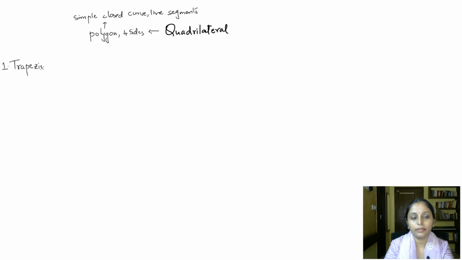The second one was kite. The third one was a parallelogram. And then we looked at special cases of parallelogram, that is a rhombus, a rectangle, and a square.